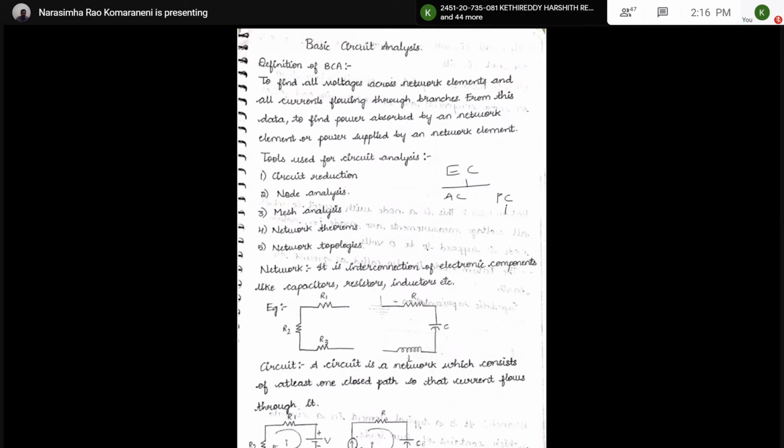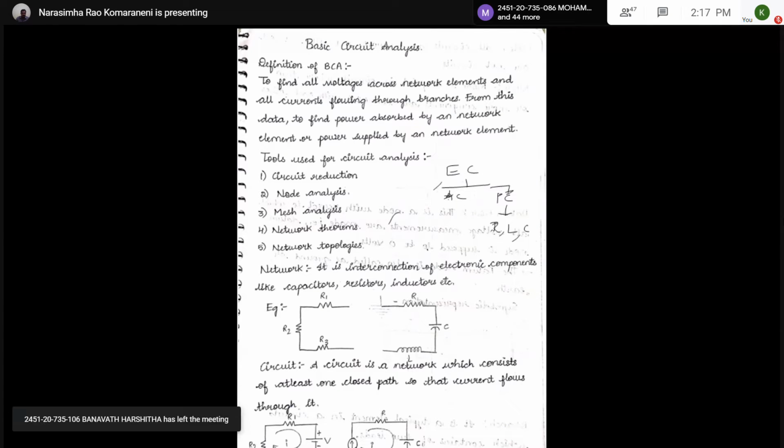Again, passive components are classified into three types: resistance, inductor, and capacitor. So the network is the interconnection of electronic components.